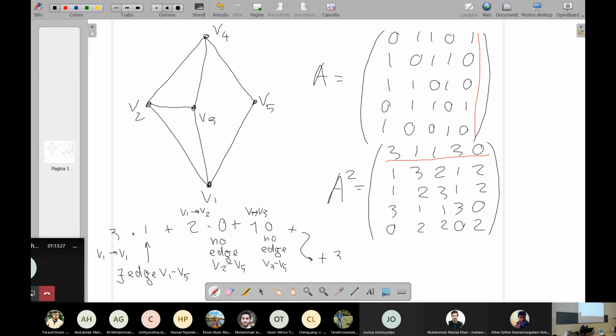So 3, which are walks from V1 to V4, and it's multiplied by this one, which means there is an edge between V4 and V5, times 1.